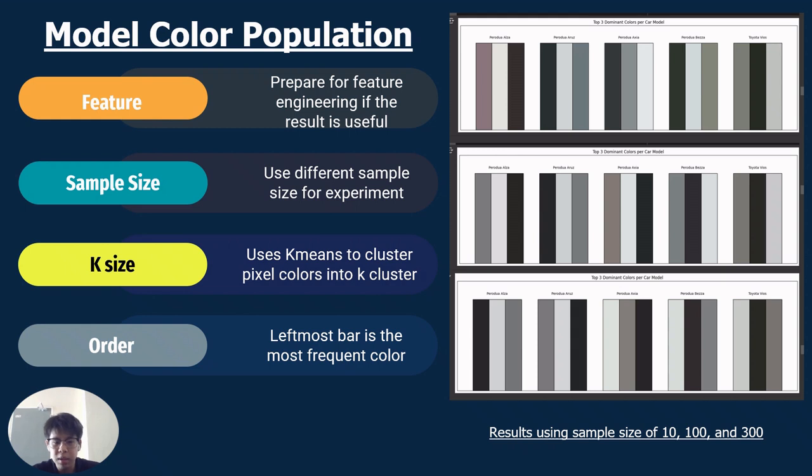The order goes from the leftmost bar, representing the most frequent color, to the least frequent color on the right side. So here are the results of 5 models, each with its 3 most dominant colors.